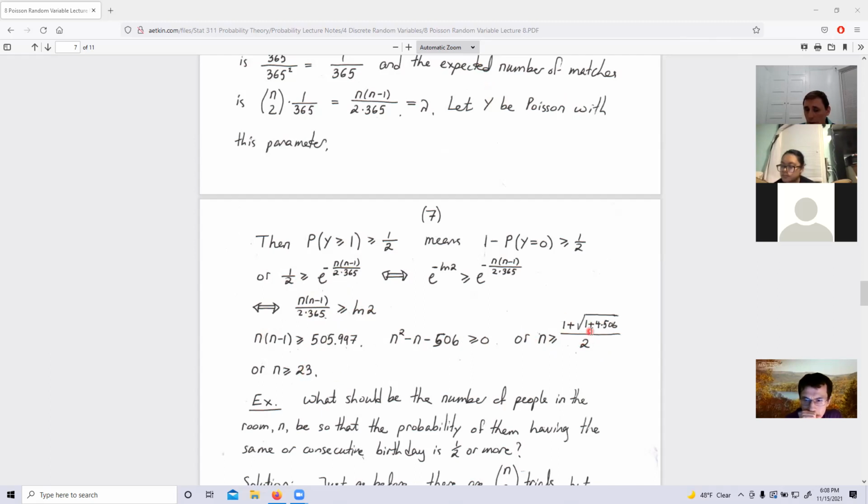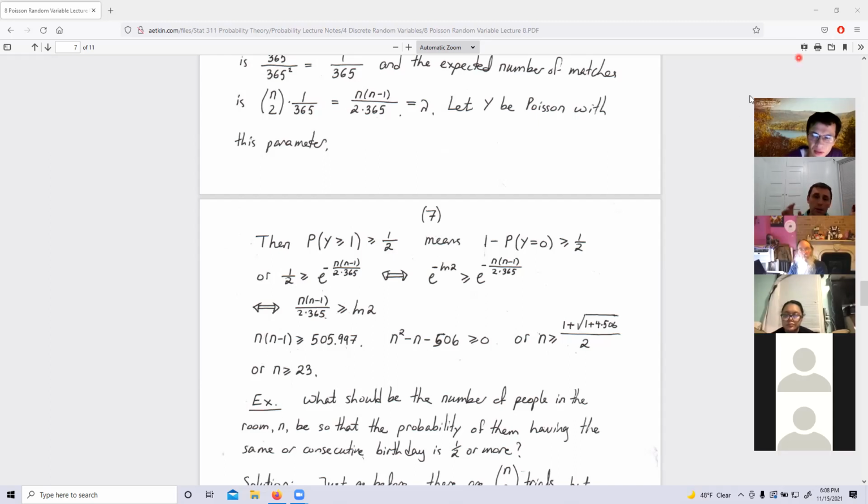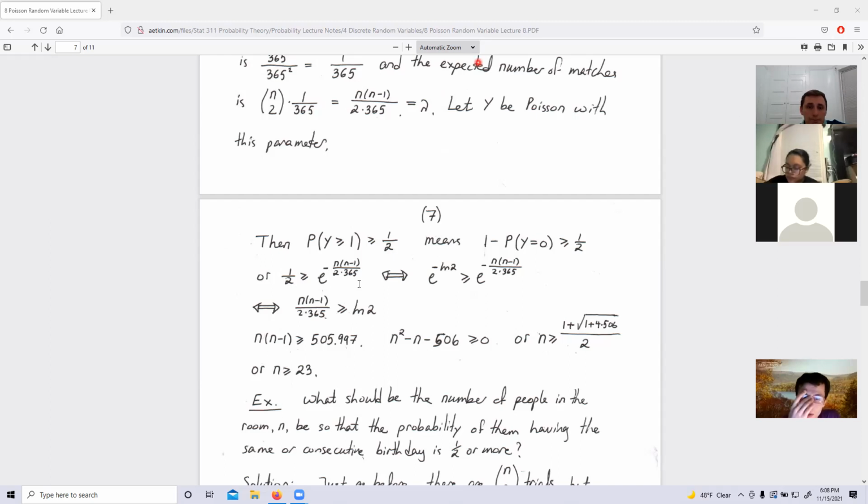So n has to be, look at this number and take the ceiling. Whatever number you get, maybe 22 point something, just take the ceiling and you see it's 23 that you need to have. Yes? So that's 23. Bigger than here than ln of 2. So if you take the logarithm of 1/2, it is going to be bigger than minus this number.